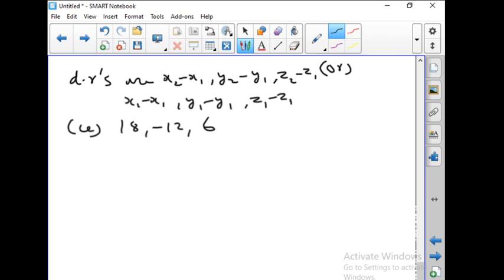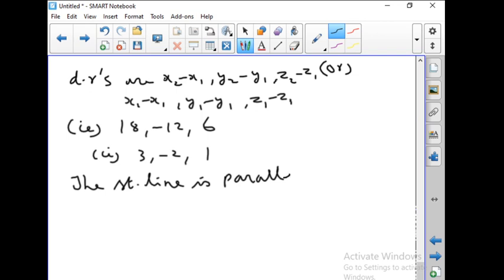So dividing throughout by 6, this also can be taken as 3, minus 2 and 1. So the straight line is parallel to 3i cap minus 2j cap plus k cap. It is parallel to this.